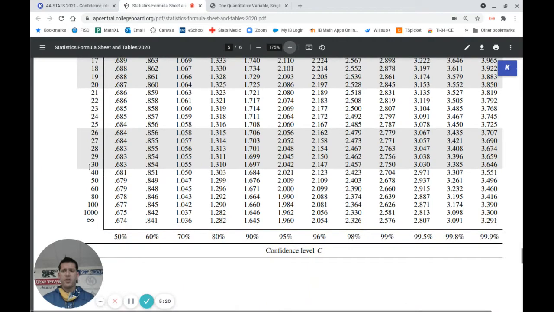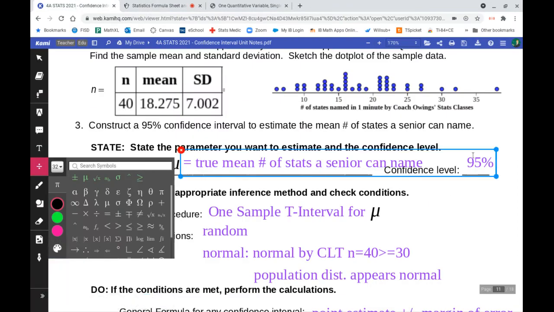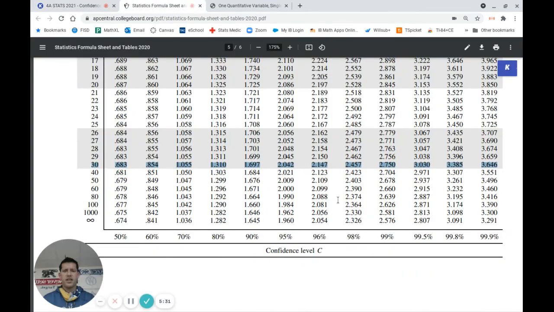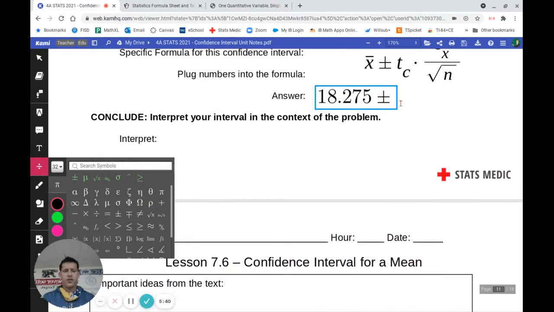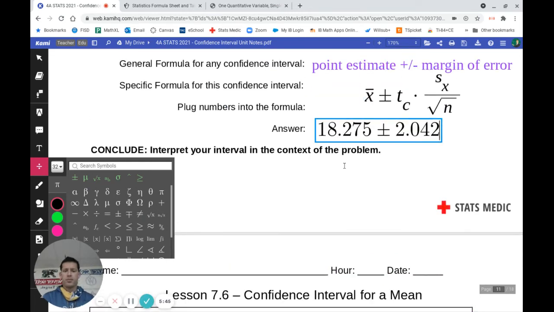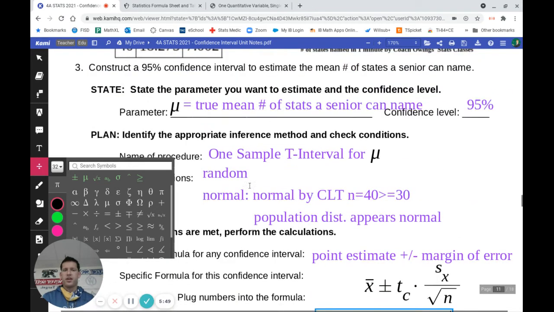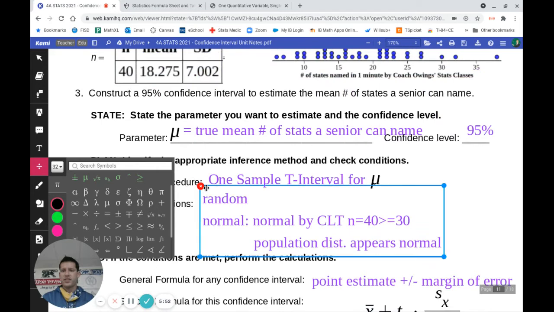We do not see 39 on here, so we go to the next lowest value, and so that's going to be 30. So our degrees of freedom we're using here is 30, and our confidence level is 95%. So I'll look at the bottom here, 95% corresponds to 2.042. So I can go over here, 2.042, and then we want to multiply that by the sample standard deviation, which was 7.002.